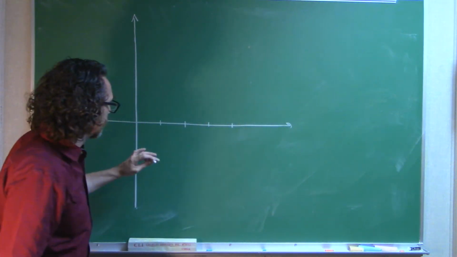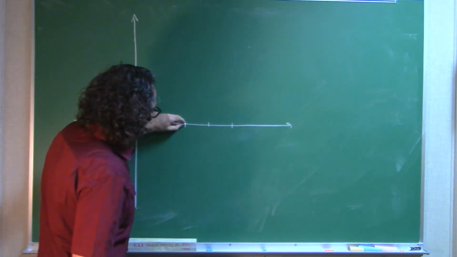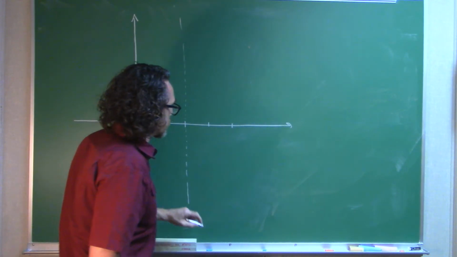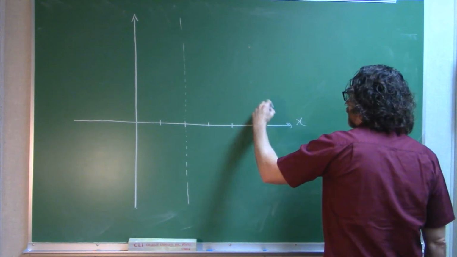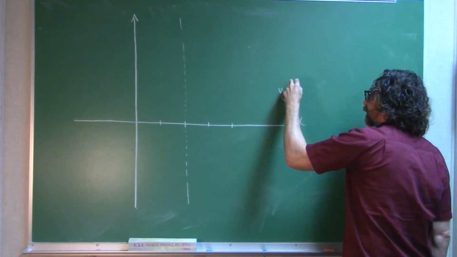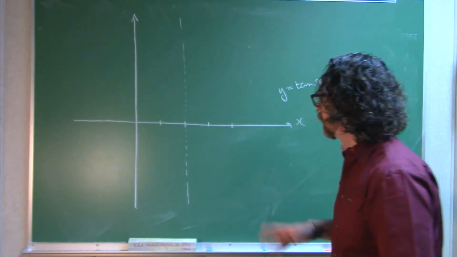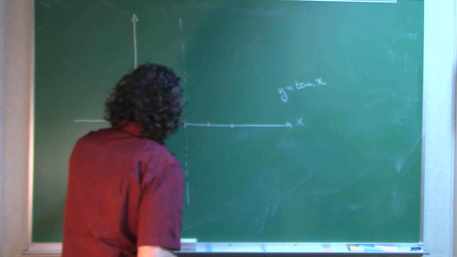All right, now, I'm going to start out by drawing the picture for the tangent function. Okay, so in the white, I'm going to draw y equals tangent x. This is something we drew last time.